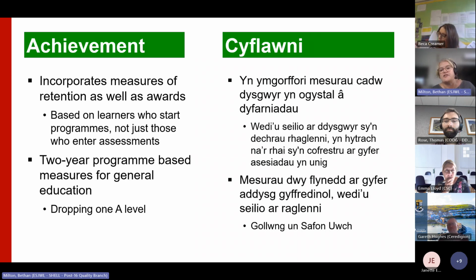We know that that doesn't always happen, and it can be for reasons beyond the learners themselves, but it just gives us a bit more of a nuanced set of data. And it also then will allow for those learners dropping 1 A level because of the Welsh Bac, the Skills Challenge certificate, also acting as an equivalent.